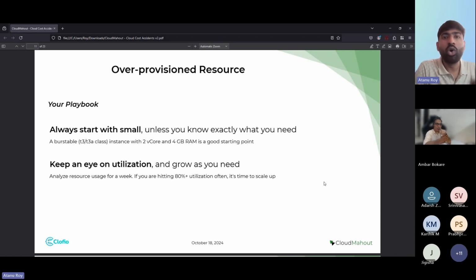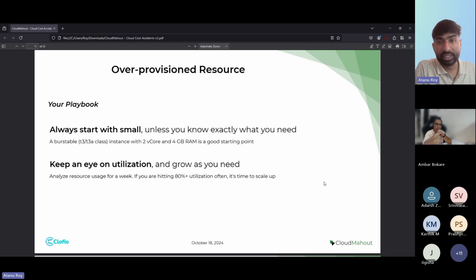First and foremost, always start with small and grow as you need. Unless you know exactly what you need, for example you are doing some experiment, maybe you are running some machine learning model, or some kind of big fat server. Unless and until you exactly know that, hey, I need, let's say, 4 cores of server and 8 GB of RAM for XYZ reason, always start with small.